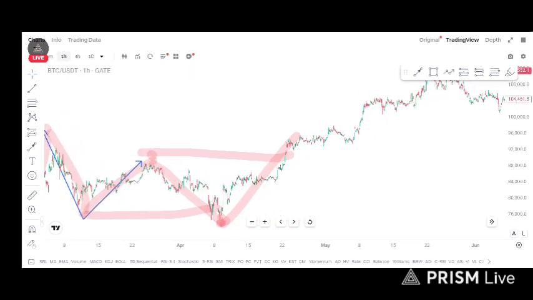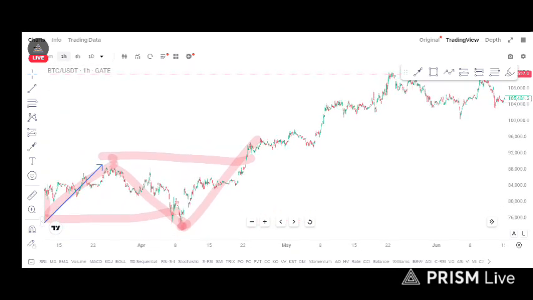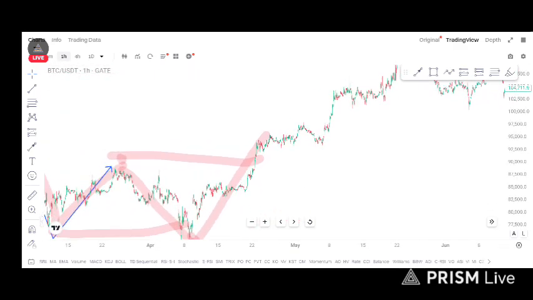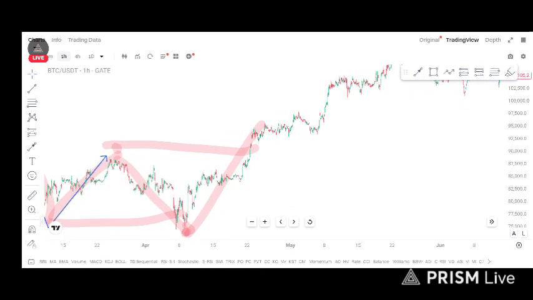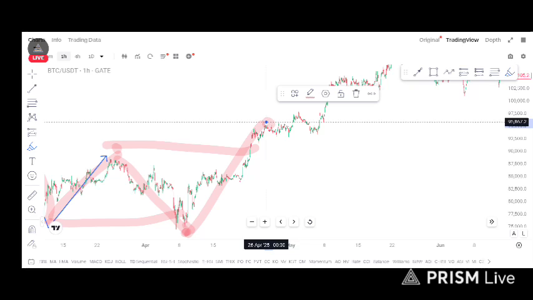Now we have this uptrend. Why is it called an uptrend? Because we have a series of highs. You see the high here. This is a high, right?